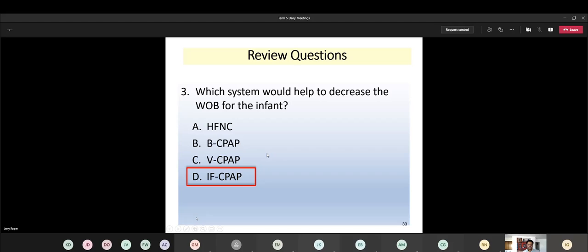That would be like the picture that we had of the CPAP, and then we had the other one, I forget what model that one was, where you just dial in your flow. With the more sophisticated ones, you have more features that you can set, and that will usually make it a little bit easier for the baby.